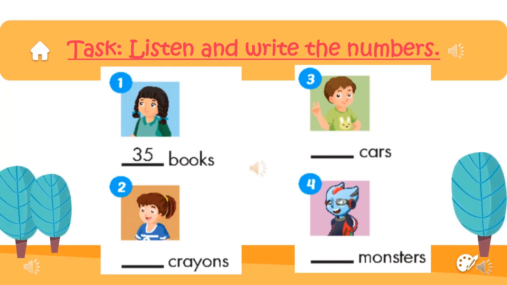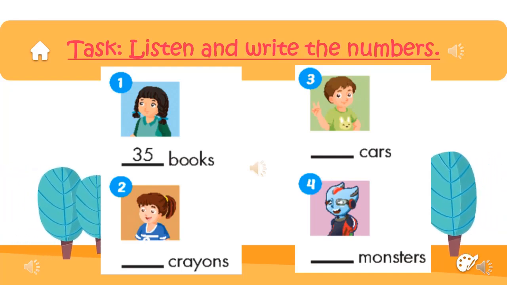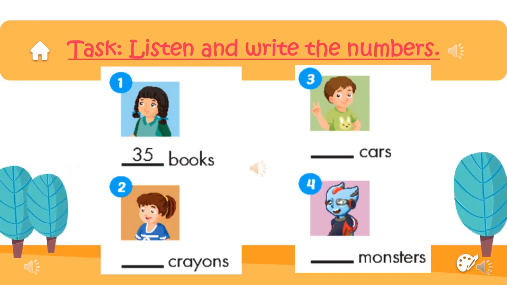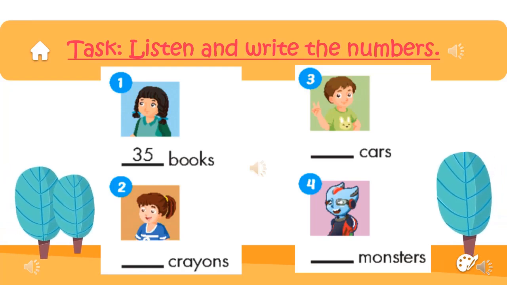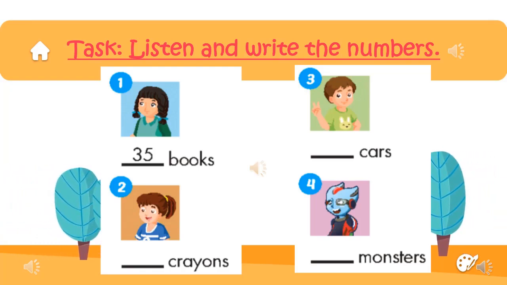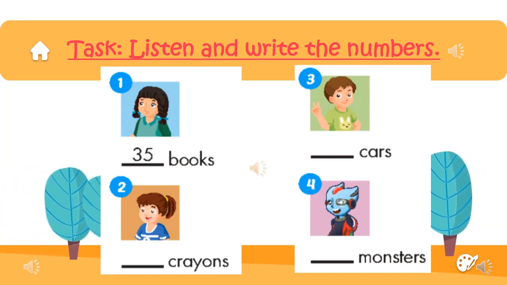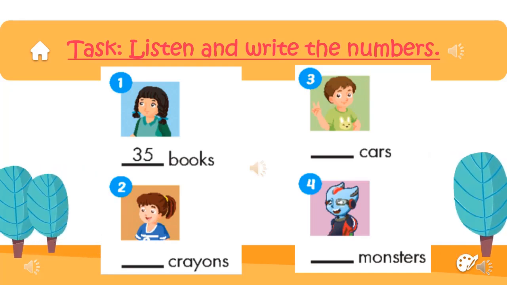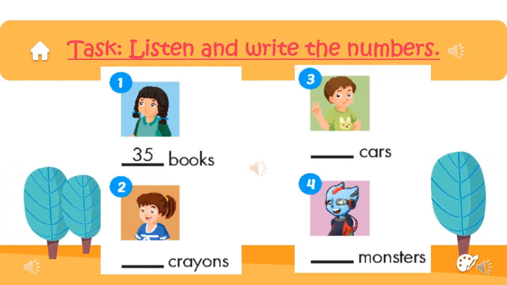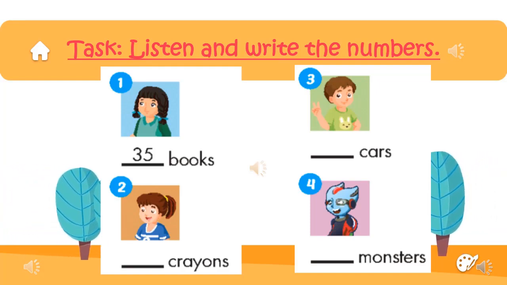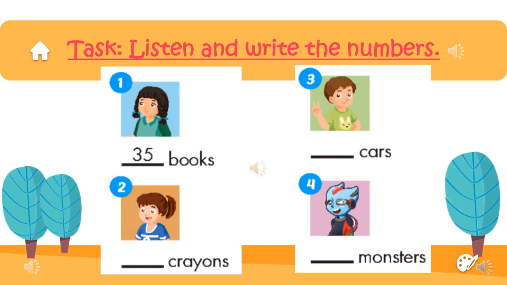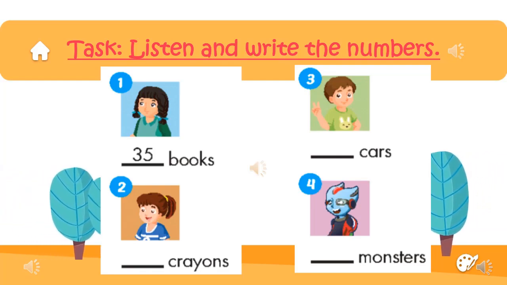How many crayons do you have, Lucy? I have 50 crayons. 50? That's a lot. 3. How many cars do you have, Tom? I have a lot in a box. I have 65 cars. 65?